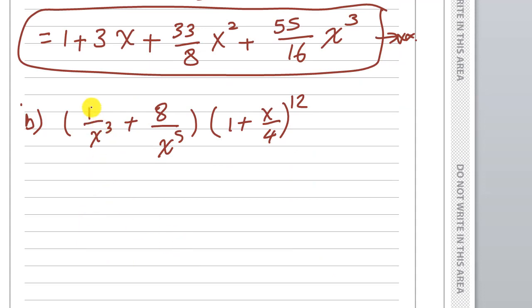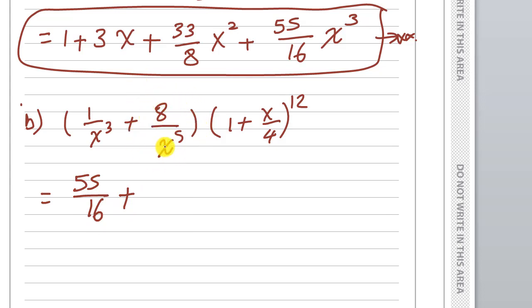Now here, this part multiplied by 1 gives us x to the minus 3, this one gives x to the minus 2, this one x to the minus 1, this one x to the 0. So the first term is 55 divided by 16, so here it is equal to 55 divided by 16 plus.